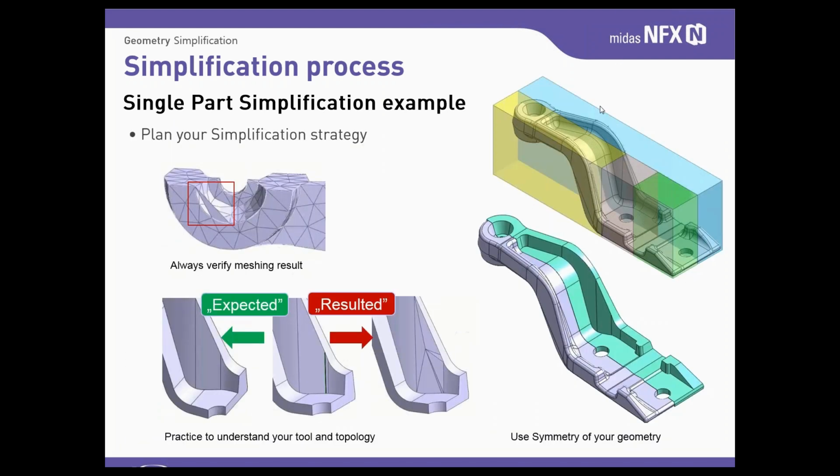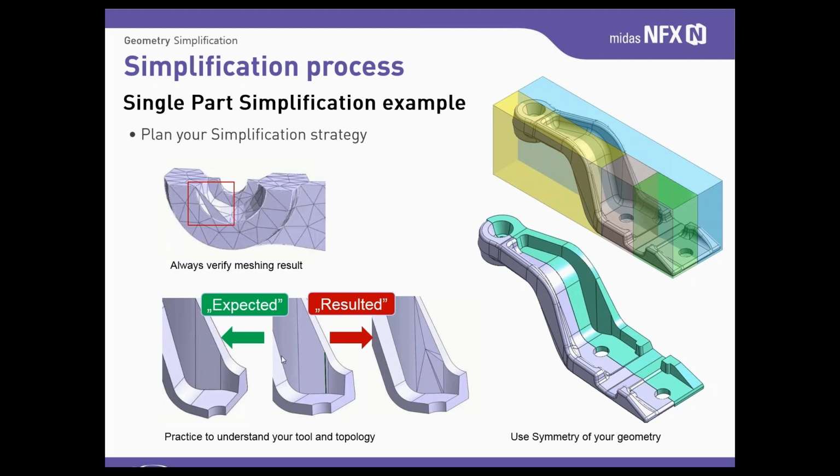So just to summarize today's webinar, you have to plan your simplification strategy. Basically, you have to start by investigating if your model is symmetrical. Subdividing into small parts is also recommended. This will give you additional flexibility in terms of removal of some features.